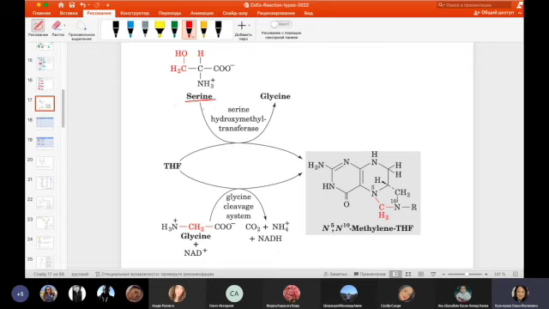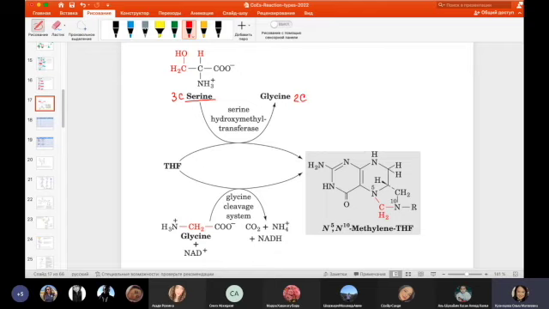Serine is a 3-carbon compound. It is a non-essential amino acid, proteinogenic amino acid. This one is used for the synthesis of glycine, which is a 2-carbon compound. Let's mark it. 3-carbon compound is converted to 2-carbon compound.